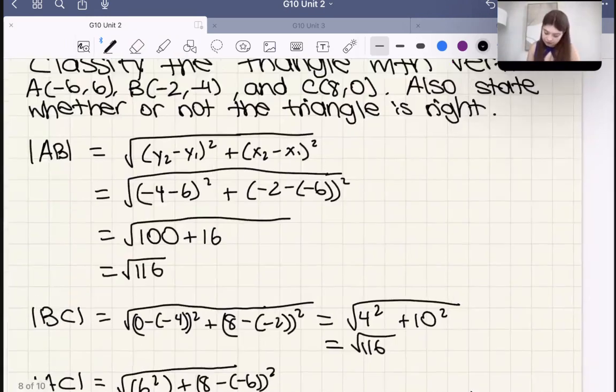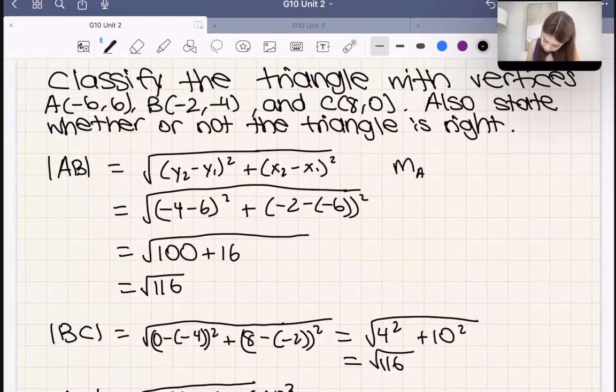So let's first find the slope of AB. So slope of AB would be delta y over delta x. So that would be negative 10 over, let's see, delta x, 4 looks like, okay, which is negative 5 over 2.